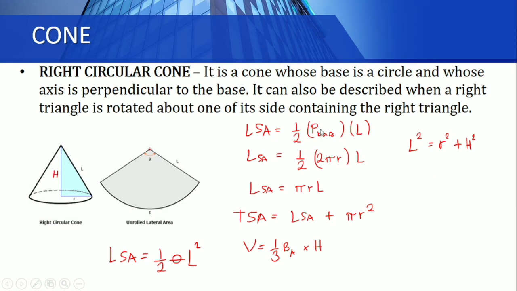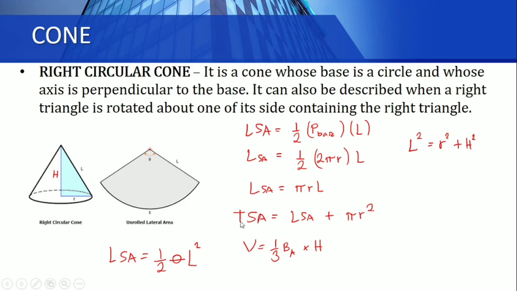So yung perimeter ng base natin will be yung circumference ng ating circle. Yung formula ng circumference ng circle natin is equivalent to 2 pi r. So yun yung perimeter ng base natin, kasi cone ito. So simplify natin tong equation natin. Magka-cancel yung 2 dito, 1/2 times 2. So that will be lateral surface area is equivalent to pi r L.